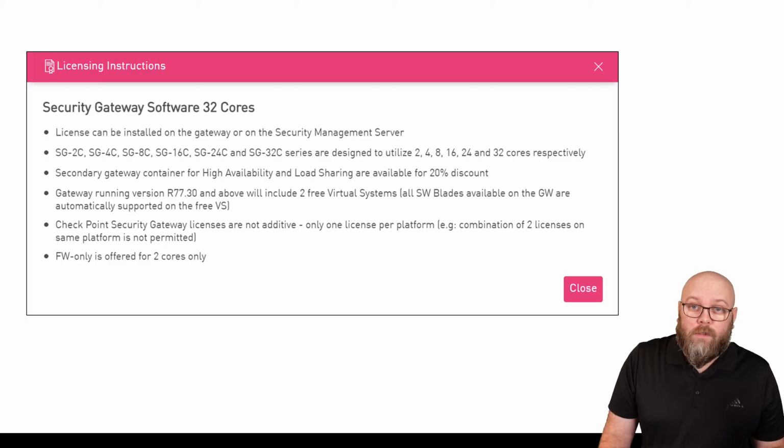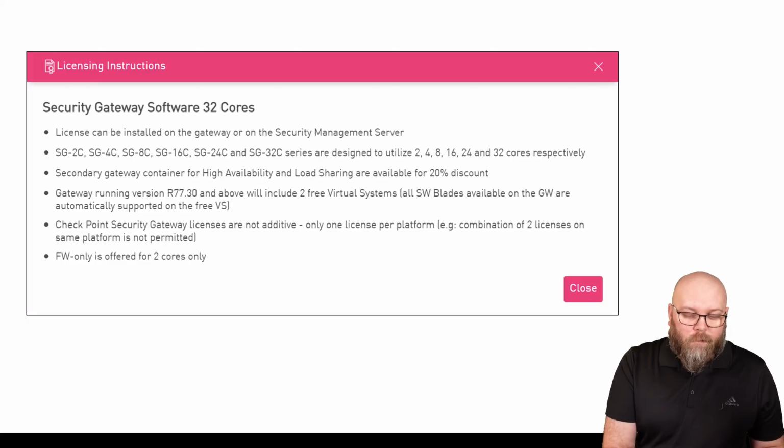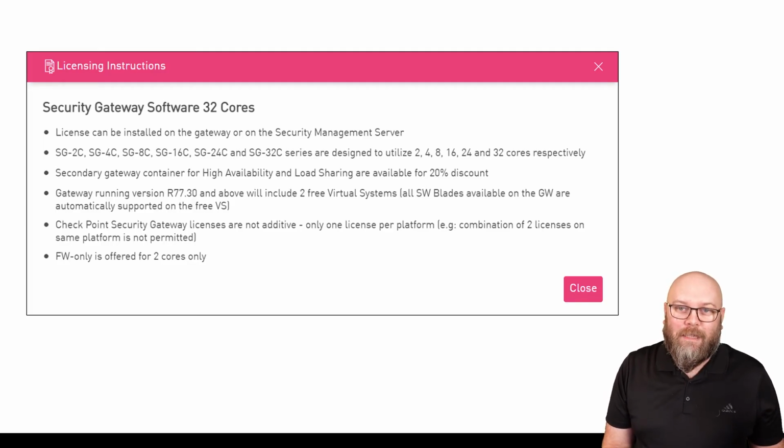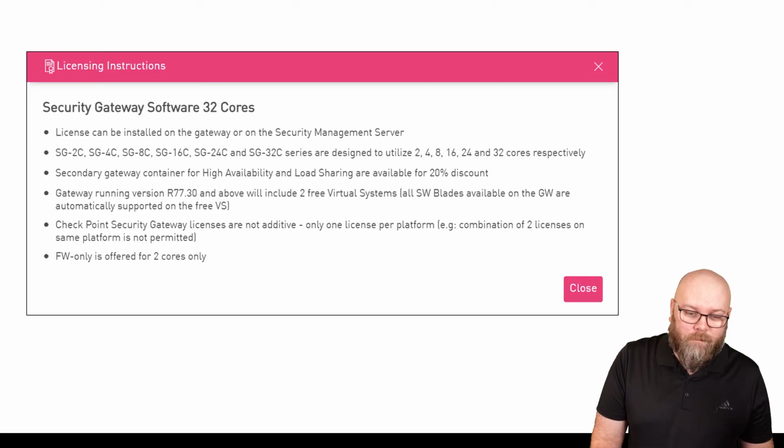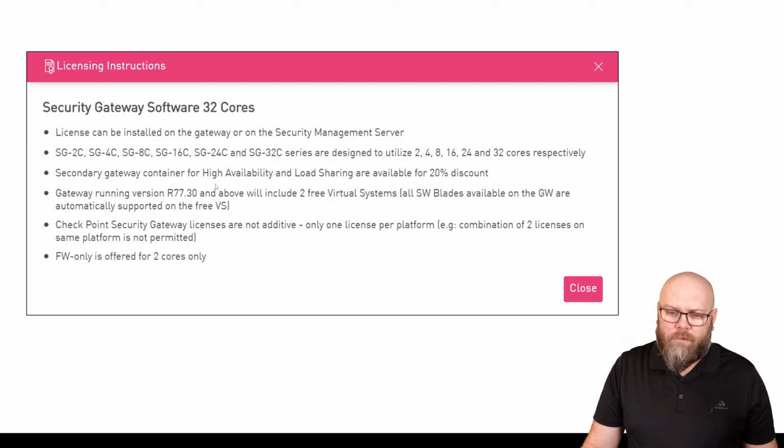It's still 8 cores, but for 3 years, you have gained the performance increase of how fast Intel is developing their CPUs. One more thing when it comes to software: if we check here, secondary gateway container for high availability or load sharing are available for 20% discount.